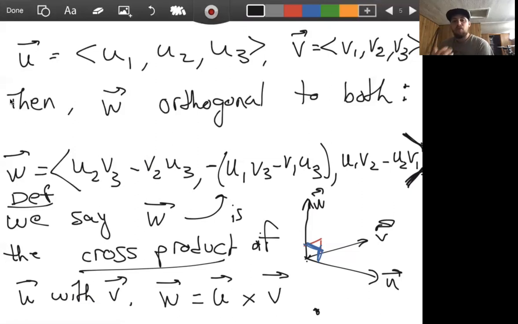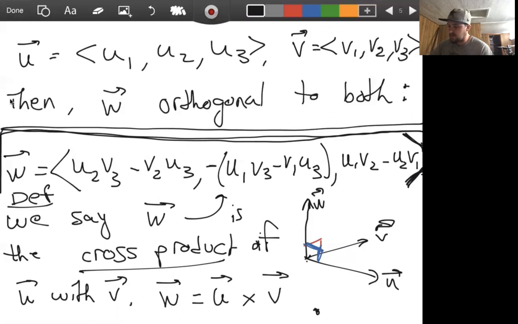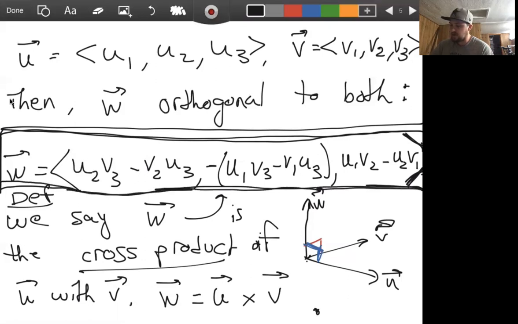So when you want to compute the cross product of two vectors, you have to look at their components and plug them into this big old formula here. And so that can be a little tedious. And we'll see later there's actually a much nicer way of calculating the cross product that doesn't involve memorizing this formula. If you stare at it long enough, you can start to see patterns. It's like U2, V3, and then the indices flip.